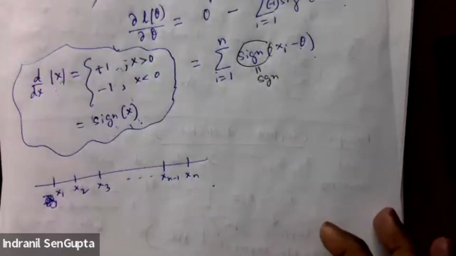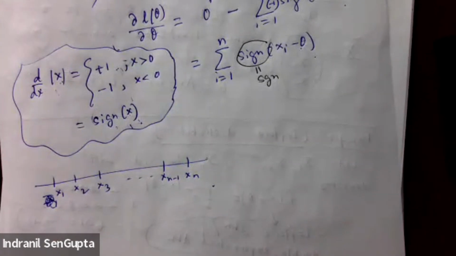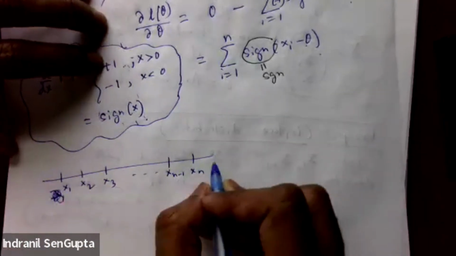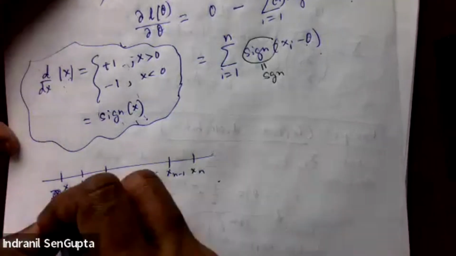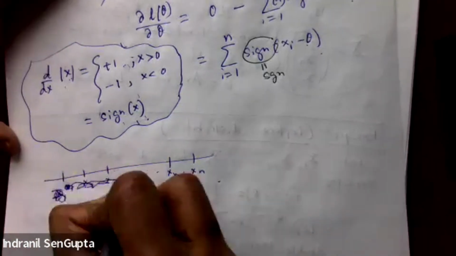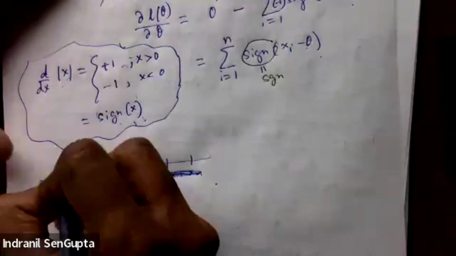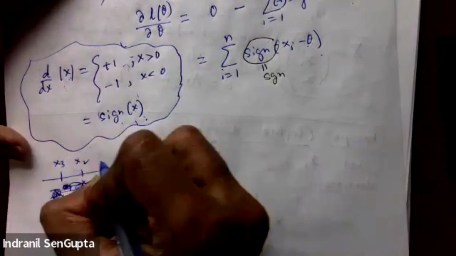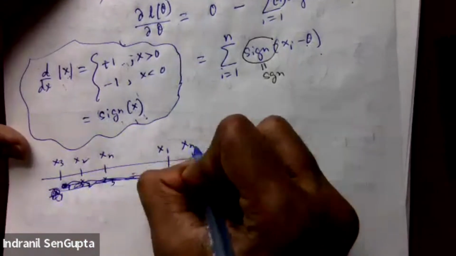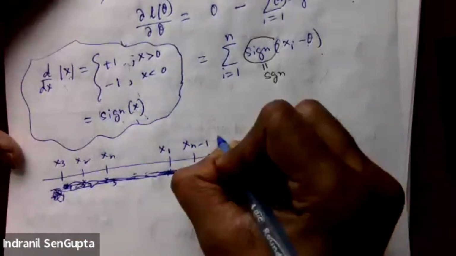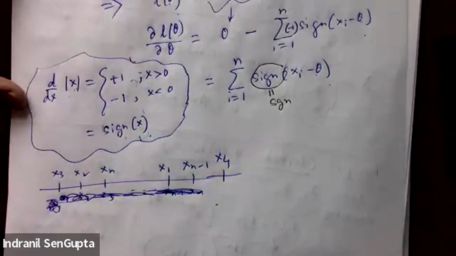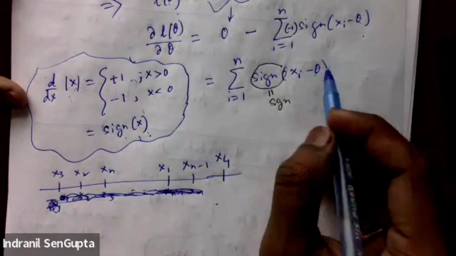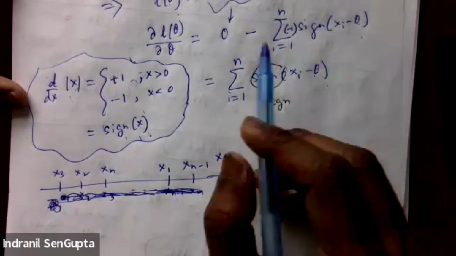Now I just ordered it in a nice way so that I can see it, but the order is really not this nice, meaning I may have x1 here, x2 here, x3 here, xn here, xn minus 1 here, maybe x4 here, who knows? So when I see a sample, it's something like this. What I want is the sum of this over the sample to be 0.